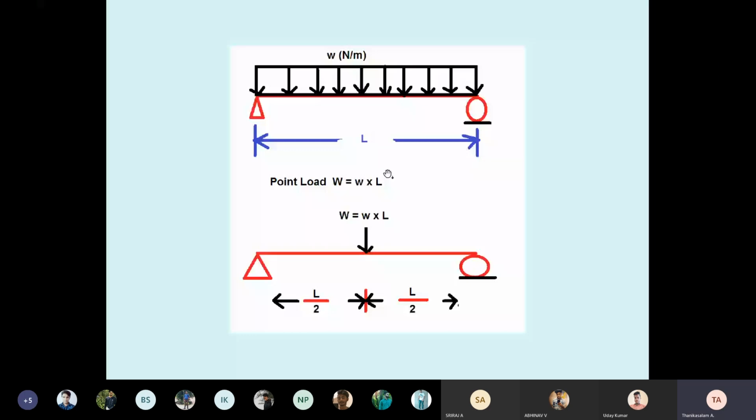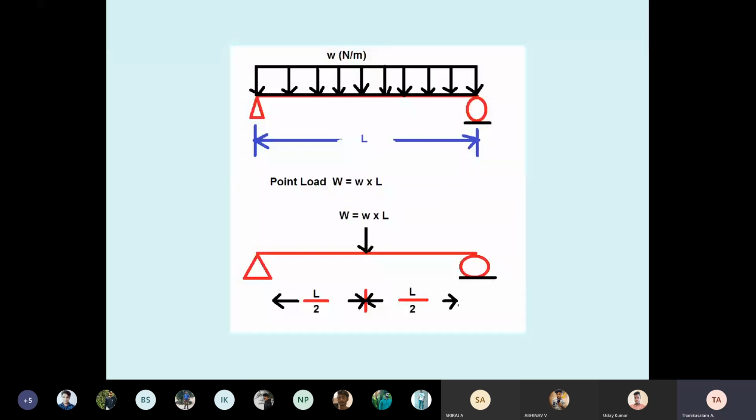Students, now it is converted to point load. Where the point load is acting, you have to locate after converting: it acts at the middle of the rectangle. What is the middle of the rectangle? L by 2, L by 2. So keep in mind, whenever UDL is acting, your first duty is to convert to point load. How?